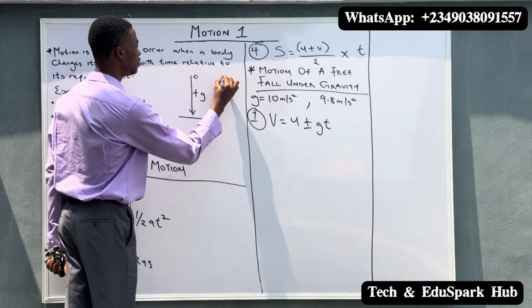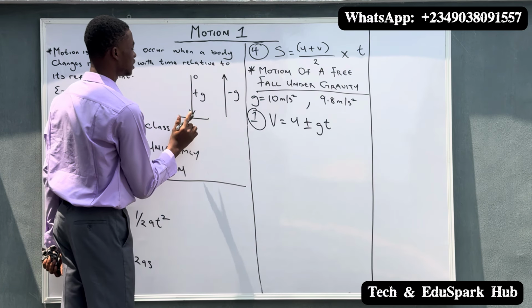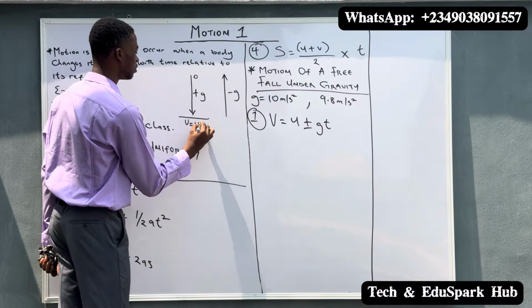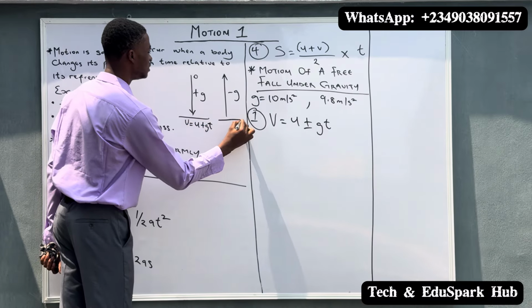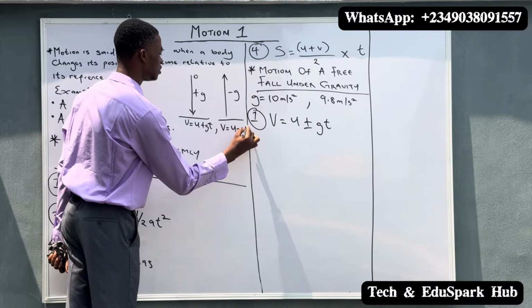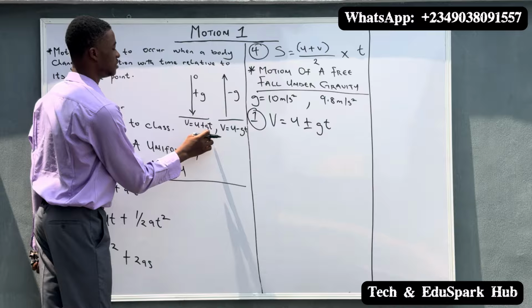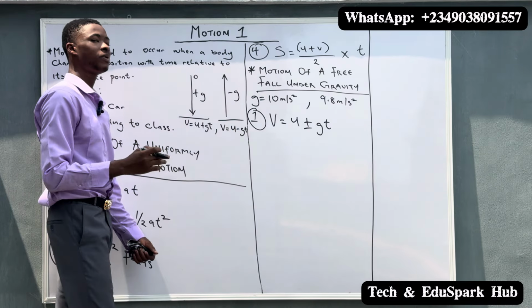But let's say the body is going up, there will be minus g. So in this case, we have v equals to u plus gt, while in this case, we have v equals to u minus gt. So this is what the plus or minus is telling us about. It can be plus gt or minus gt, depending on the question.